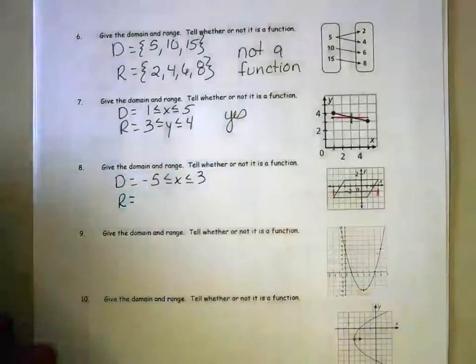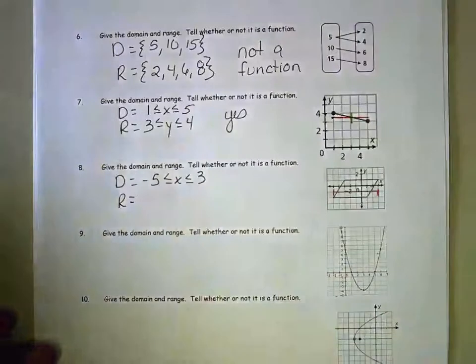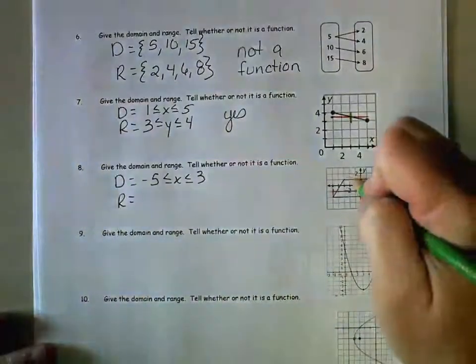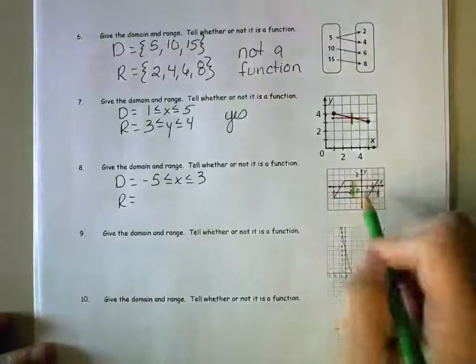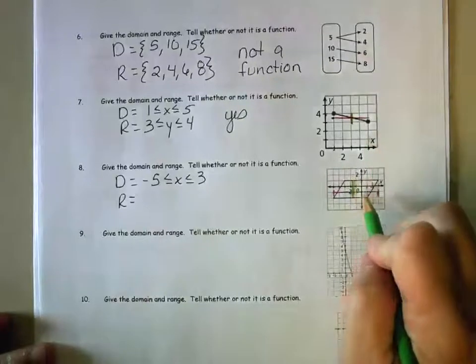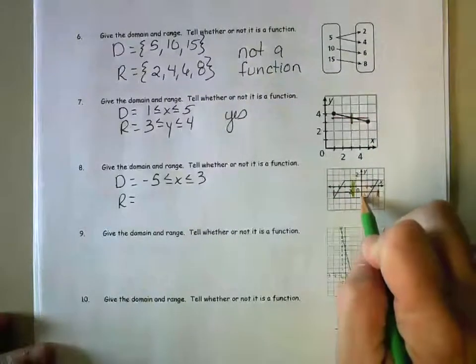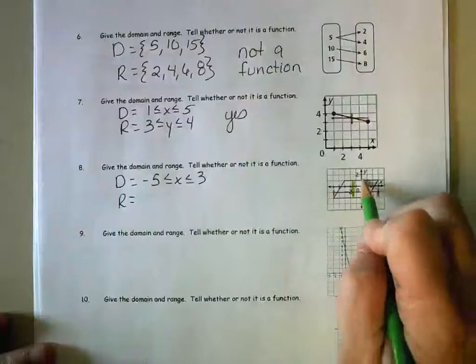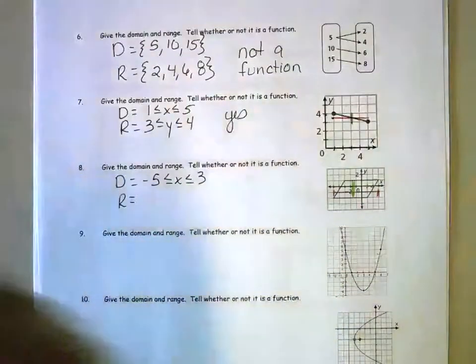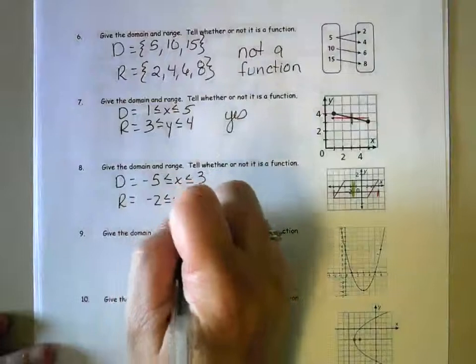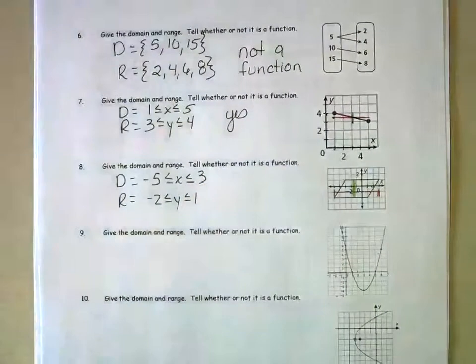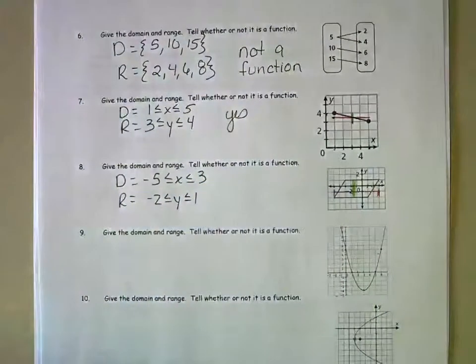And our range goes top to bottom. So our lowest value on the range here looks like we're at -2, and the highest value is 1. So -2 is less than or equal to y is less than or equal to 1.